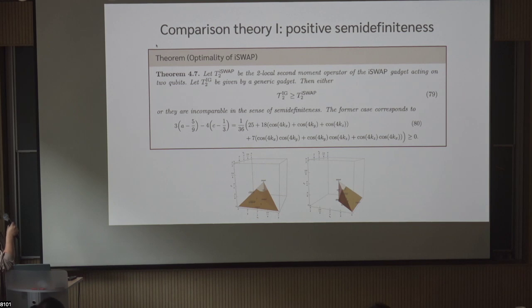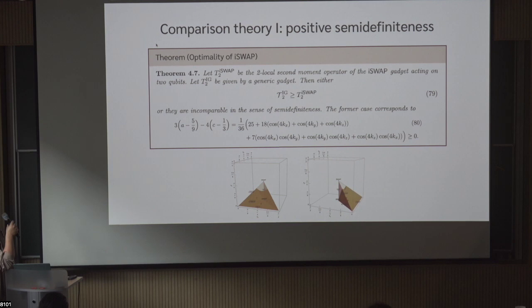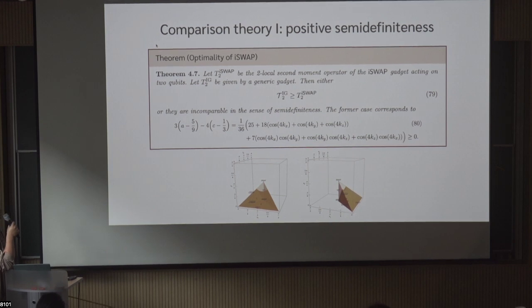Here we have a series of different mathematical approaches for proving and comparing the many-body moment operator gap. The first, very straightforward one is directly comparing the difference of the two moment operators and proving an ordering by positive semi-definiteness.